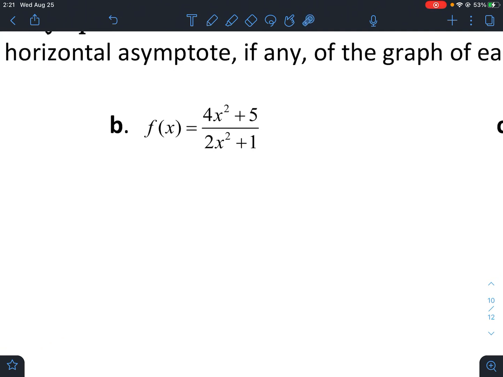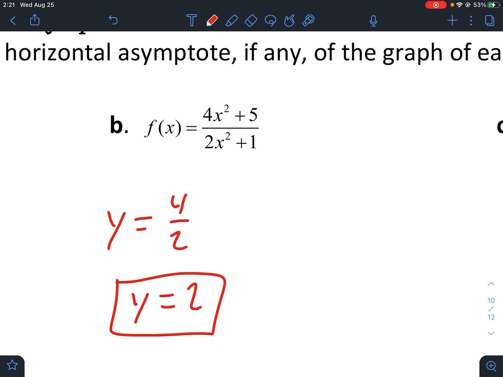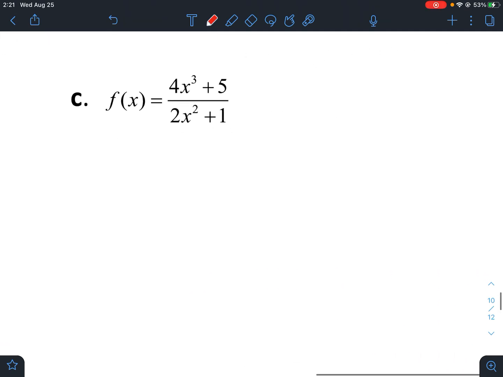For part B, because the degrees are matching, we know it's leading coefficient over leading coefficient. So 4 over 2, our horizontal asymptote is y equals 2. If we did the limits, as we approach negative infinity or infinity, we would get 2. Here's the only difference here.